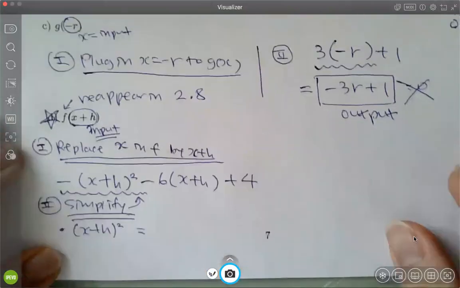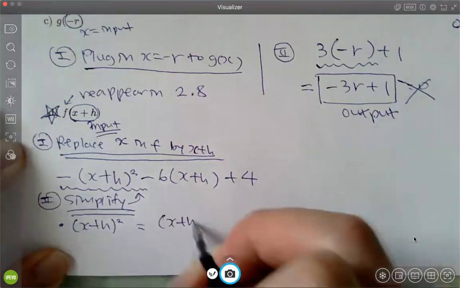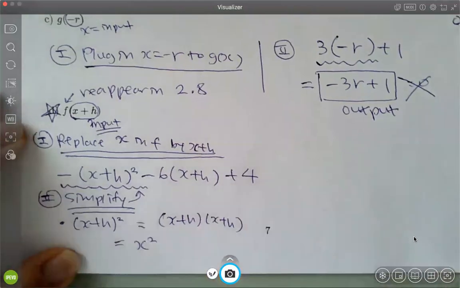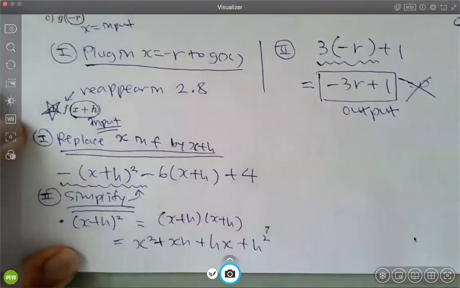X squared plus h squared? Is this equal to x squared plus h squared? Right? So what do we do? FOIL it, right? Yes. Okay. So what do we get? X squared plus xh plus hx plus h squared, right?